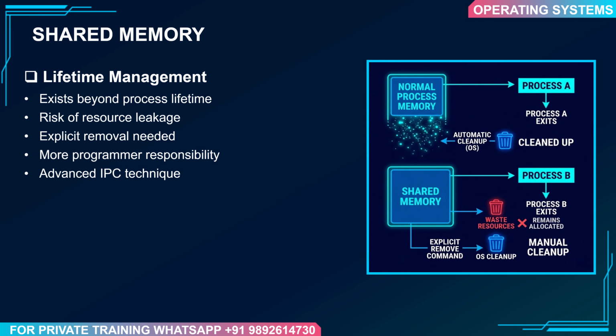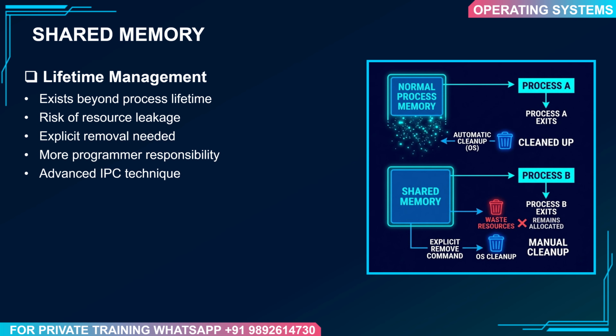Another important aspect of shared memory is lifetime management. Unlike normal process memory, shared memory can exist even after a process exits. If the operating system does not clean it up properly, shared memory segments can remain allocated and waste system resources. This is why systems provide explicit ways to remove shared memory segments. It is also why shared memory is considered a more advanced IPC technique.